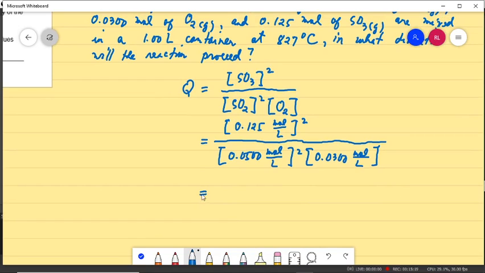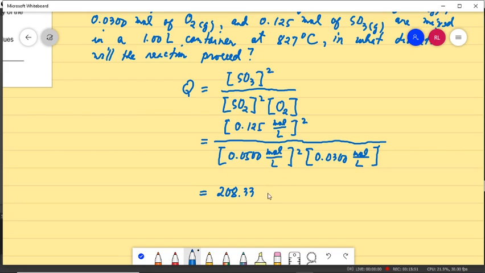So what is the answer? So if you are going to use your calculator, the answer to this one is 208.33, and this will be rounded off to three significant figures, because if you are going to look at the given quantities, the least number of significant figures is 3.